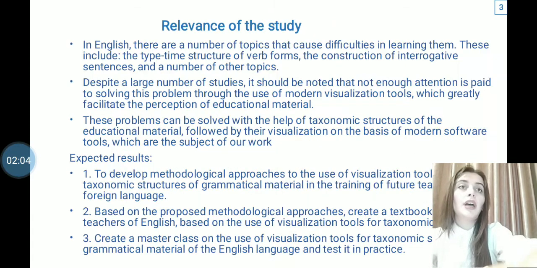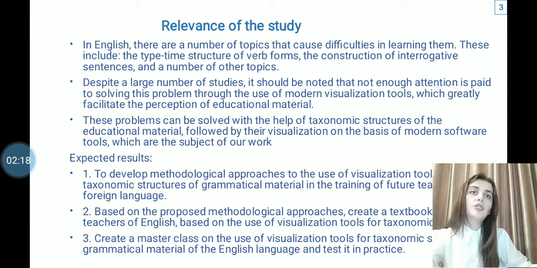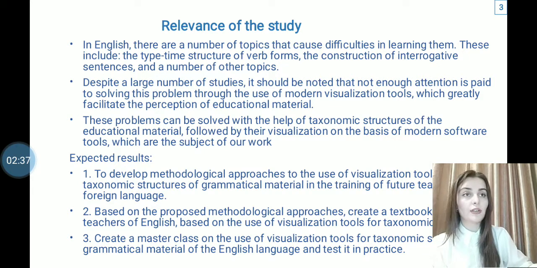However, there are a number of topics in English that cause difficulties in learning them, and these include the tense structure of verb forms, the construction of interrogative sentences, and a number of other topics. It should be noted that not enough attention is paid to solving this problem based on the use of modern visualization tools, which greatly facilitate the perception of educational material.